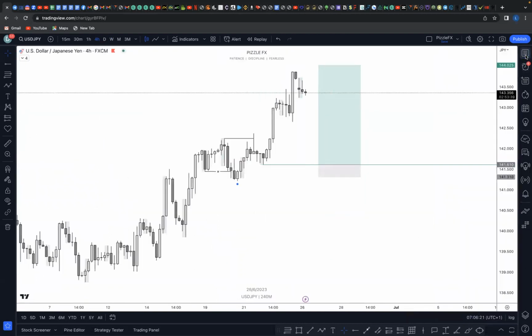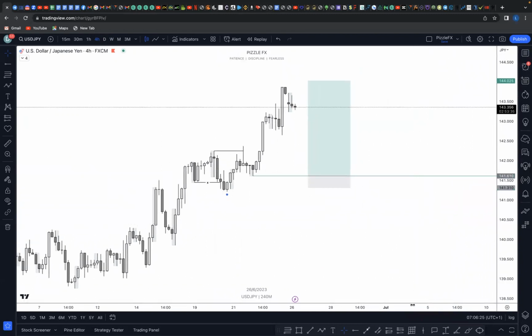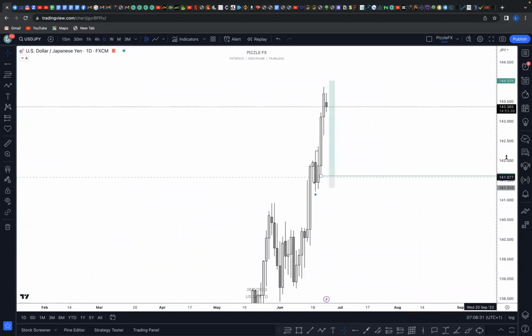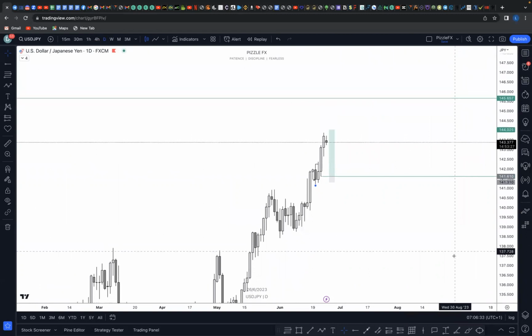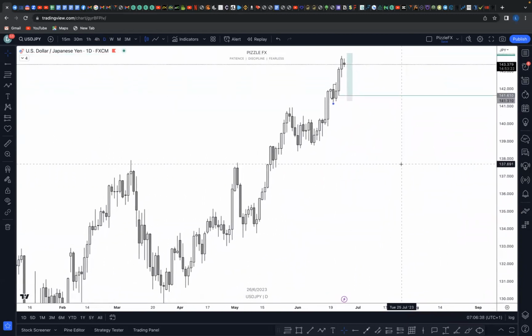Yeah, on USD JPY, we are finding buys. Why are we finding buys? Because if you look at the structure together, we will have seen USD JPY is bullish. They have been maintaining the bullish order flow from here.